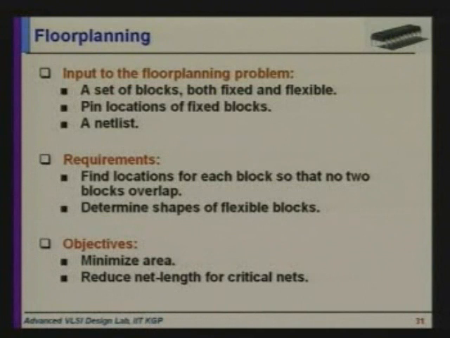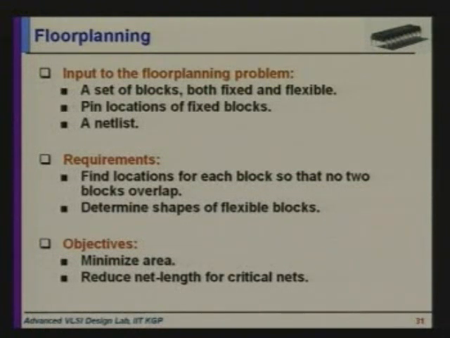So I first come to the floor planning problem. The input to the floor planning problem is a set of blocks, both fixed and flexible, right? The pin locations of the fixed blocks are known, and I know the net list. What are my requirements?